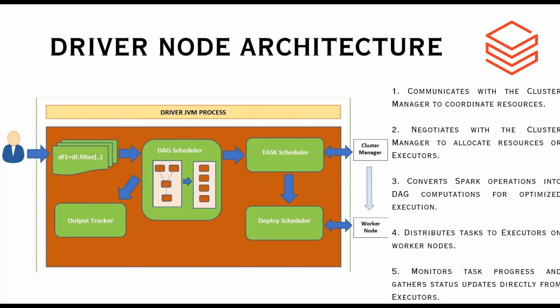The cluster manager launches the executors on the worker nodes on behalf of the driver. At each point, the driver assigns tasks to the executors based on their data locality. Then the executors register themselves with the driver, providing the driver with a complete overview of active executors.